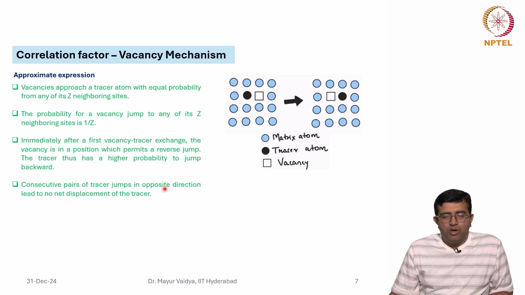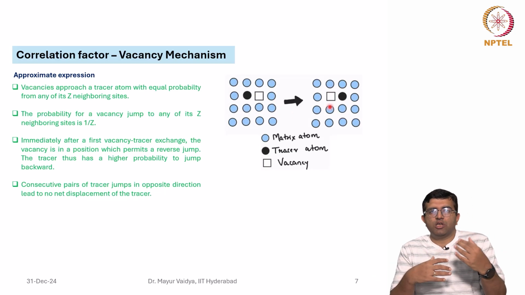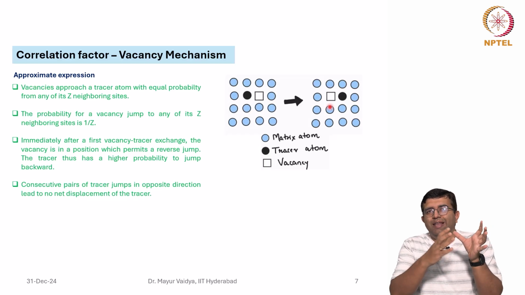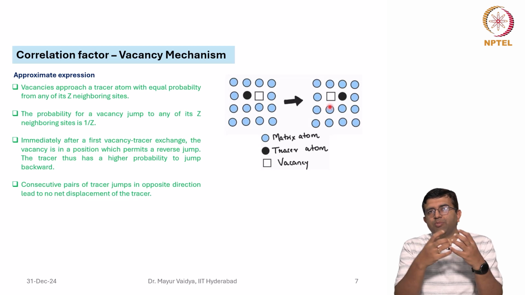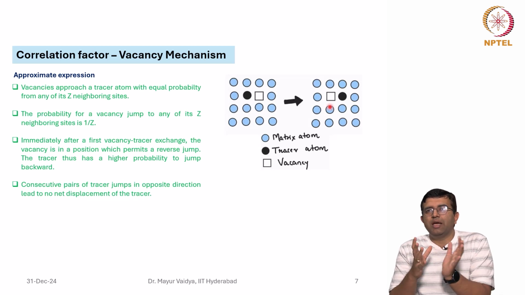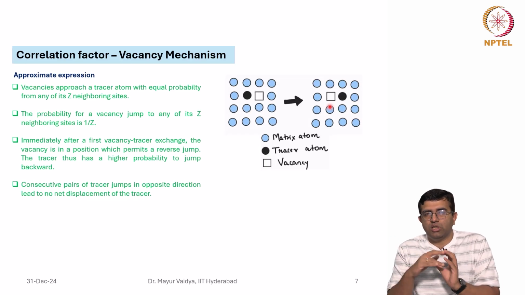So, consecutive pairs of tracer jumps in opposite direction lead to no net displacement. If the tracer moves back to the previous position, then effectively these two jumps produced no net displacement, and therefore you see that the tracer diffusion coefficient is actually less than the truly random diffusion coefficient, because there are pairs of jumps which cancel the displacements, and therefore the effective distance to which the atom has diffused comes down.